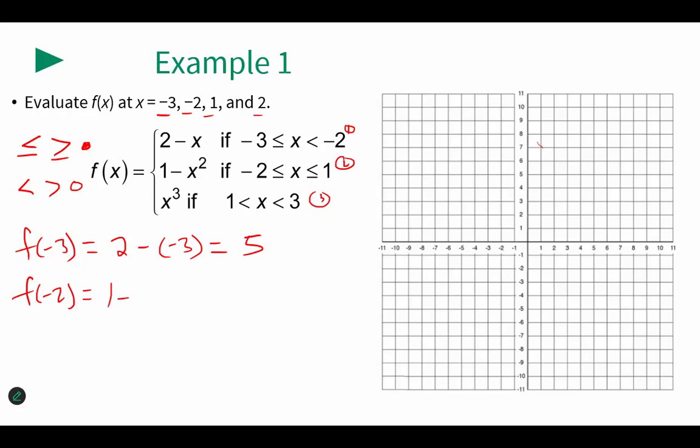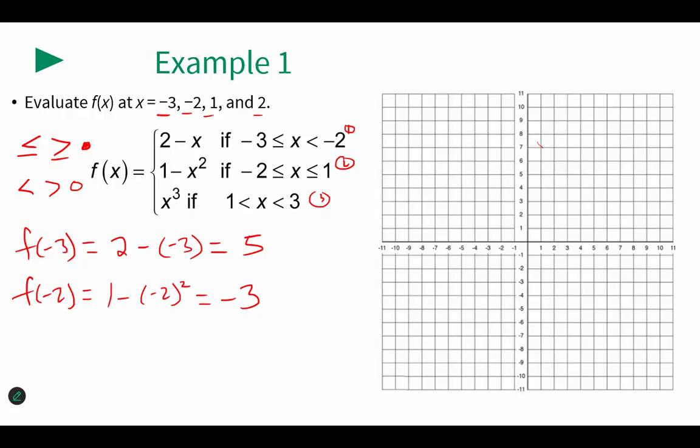That gives us 1 minus negative 2 squared, which equals negative 3. Negative 2 squared is positive 4, and 1 minus 4 is negative 3. That is where it's defined. Make sense?